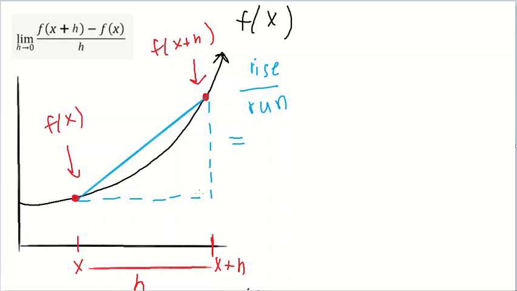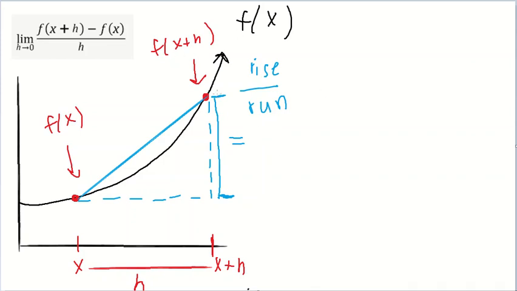So to find this vertical distance, if we want to figure out the rise, what we're going to need is the y values, right? So whatever the y value at this spot right here is, and whatever the y value at the spot right here is, if we subtract those 2 y values, we should get that vertical distance right there. So what's the y value at this spot up here? Well, that y value is f of x plus h.